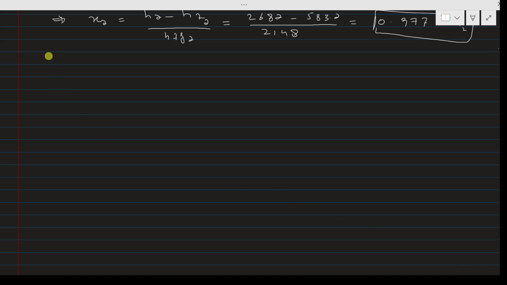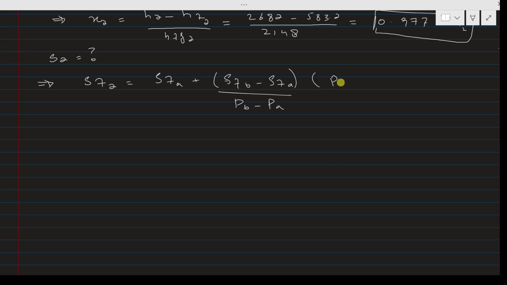Next, we need to find the entropy S2. For that, we need the Sf2 value, that will be equal to SfA plus SfB minus SfA divided by Pb minus Pa into P2 minus Pa.